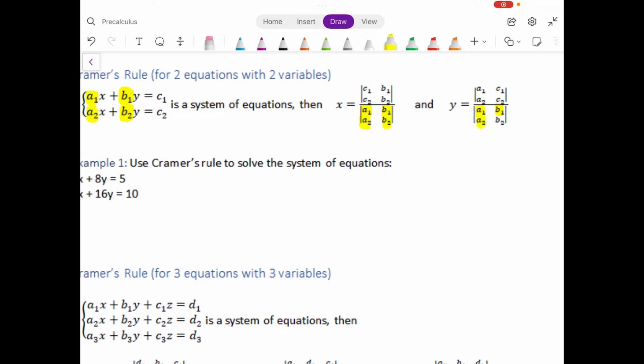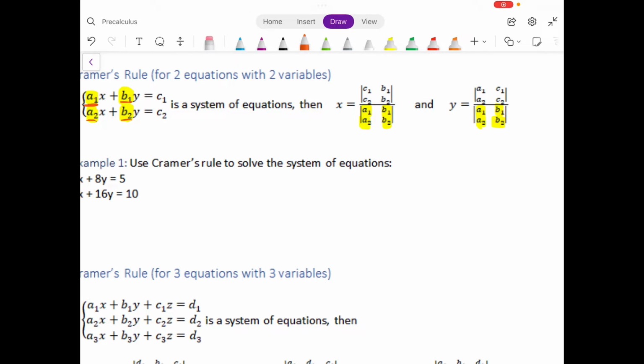They are simply the determinant of the coefficient matrix. The coefficient matrix is the matrix made up of the numbers that are multiplied by each of the variables. So that's nice and simple, nice and straightforward. So the denominator is the determinant of the coefficient matrix.